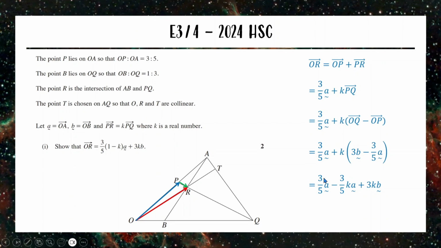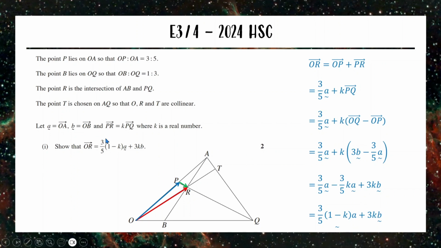So I put all the A's together, and on the end we have the 3kB. Now out of these two, just taking out a common factor of 3/5 and a common factor of A leaves us with 1 minus k. So we have 3/5 (1 minus k) A. That little tilde is meant to be underneath the A. I apologize, that shouldn't be there. Sorry, you get what you pay for at Mathematics, as we always say. And on the end, we have 3k times vector B, and that is the target.